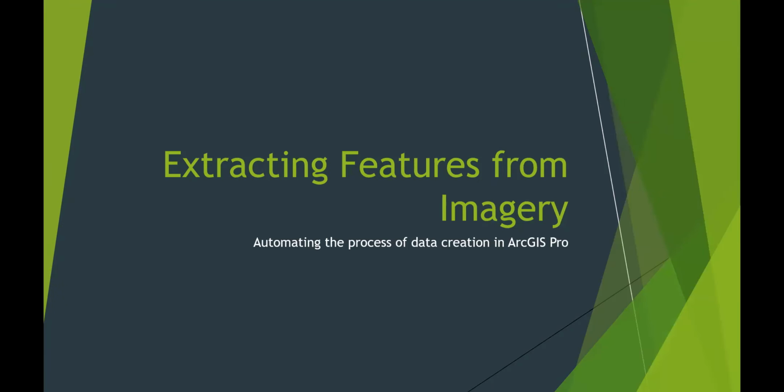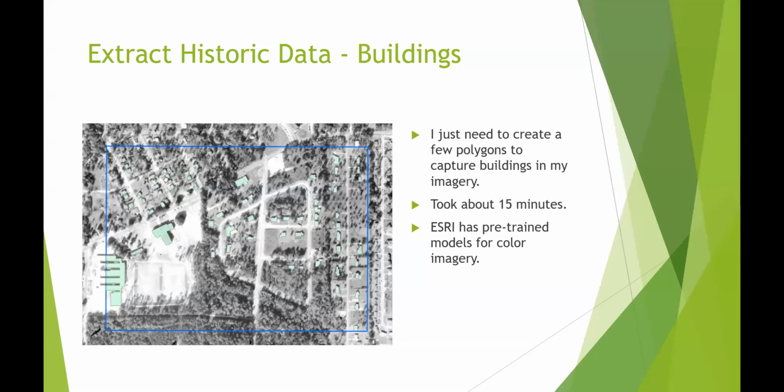So the kind of big GIS task that a lot of people want to utilize is the extraction of features from imagery. And here we see our 1954 imagery again, where I have set a little bounding box of an area of interest where I've identified buildings. And I thought, okay, I know an ESRI building model exists, but what if I can train a model using my own sample data to extract buildings from these black and white, historic aerial photographs?